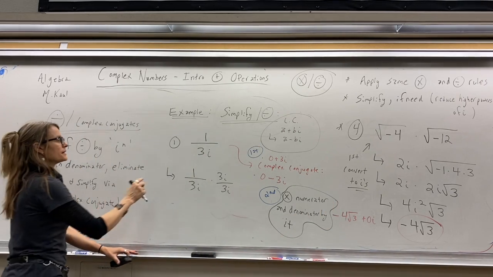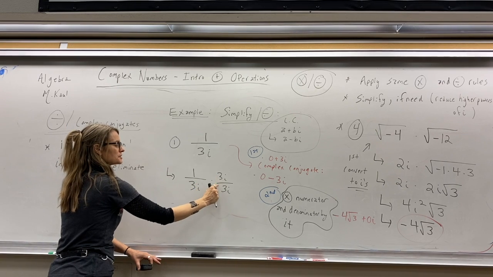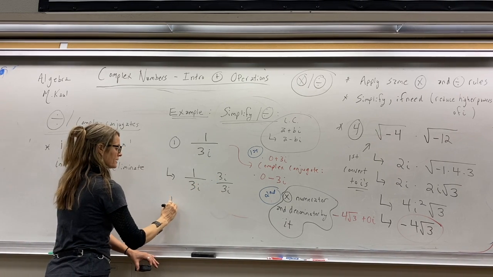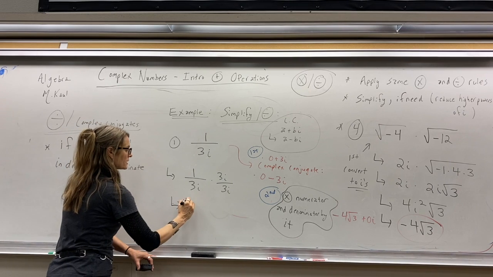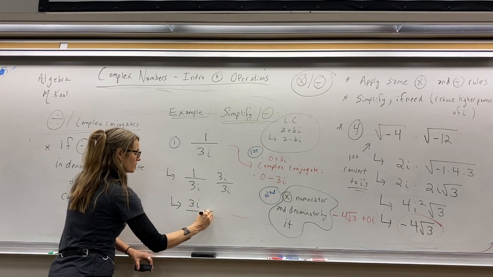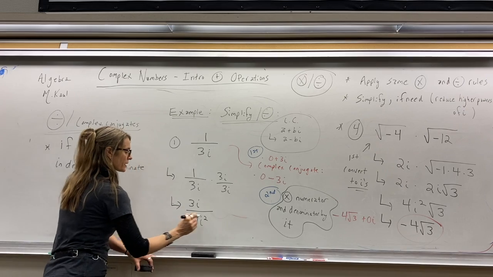Those are our two steps. So once we find that complex conjugate, multiply numerator and denominator by it, and now we go ahead and simplify. Let's say 3i over 9i squared is what I'm left with.